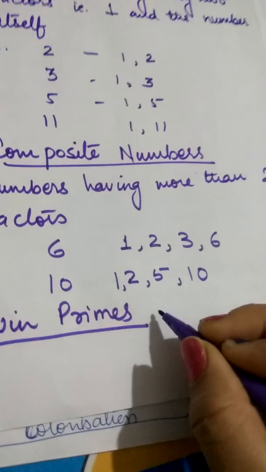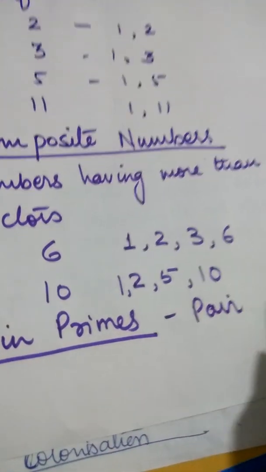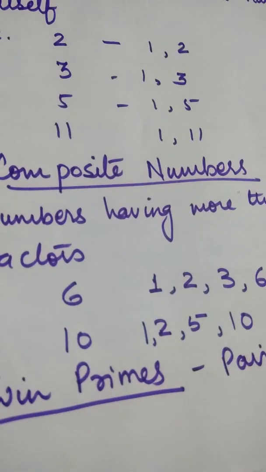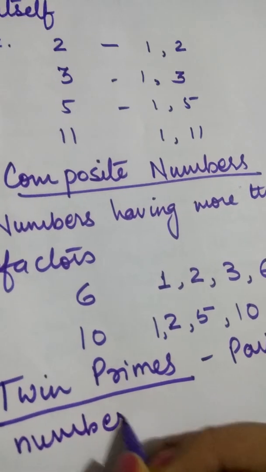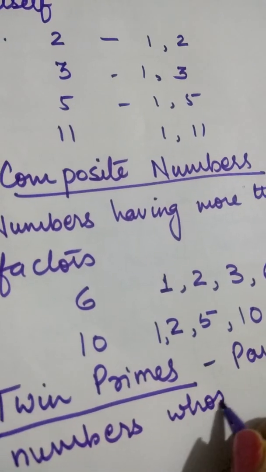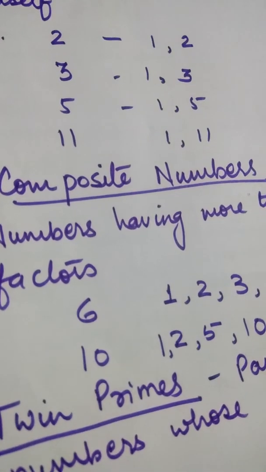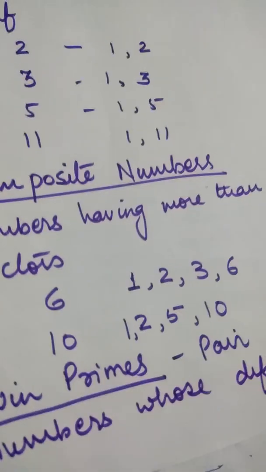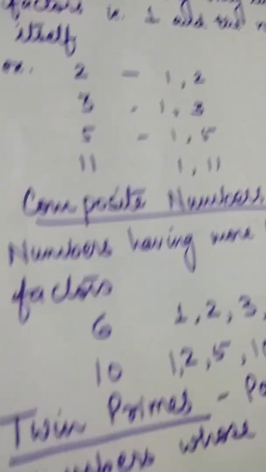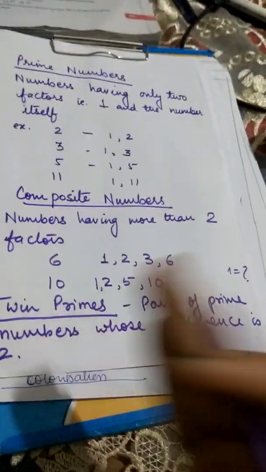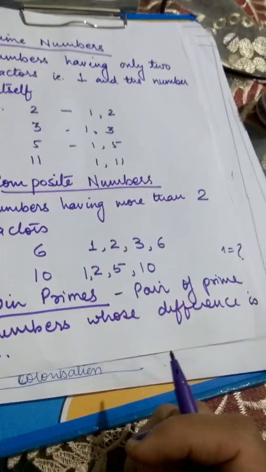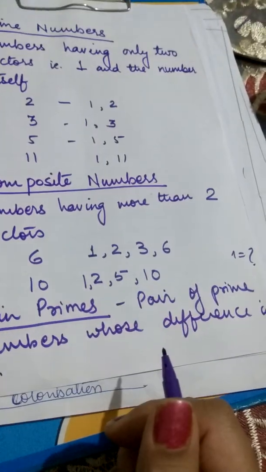There is one more term, that is twin primes. Twin primes are a pair of prime numbers whose difference is 2. Or we can call them consecutive prime numbers, like one prime number comes and then another prime number comes with a gap of one number in between them.